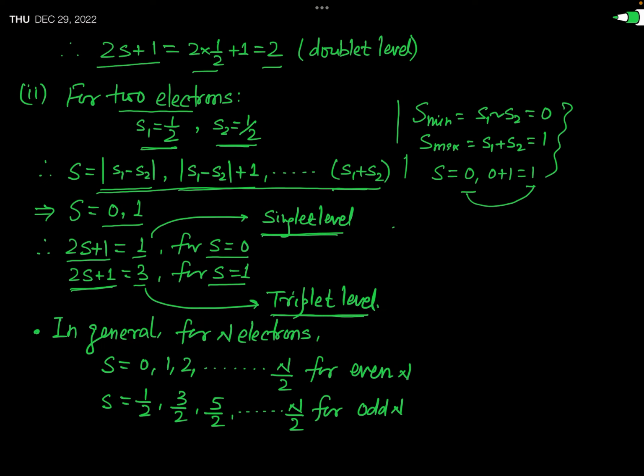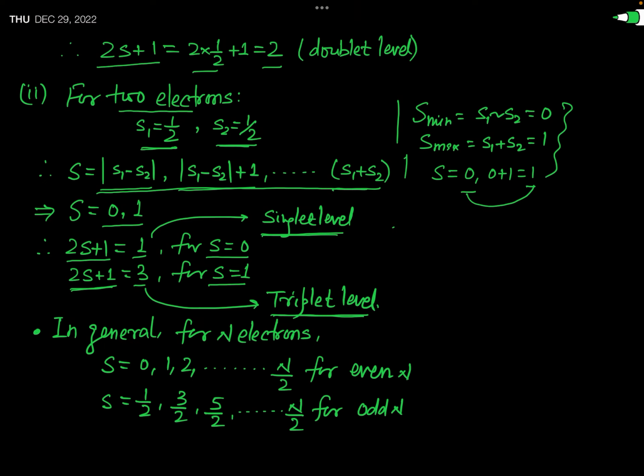In this way, you can find the total spin angular momentum quantum number for any number of optical electrons. And here you should remember just a trick for how we can write the different values of the total spin quantum number when the number of optical electrons is given.